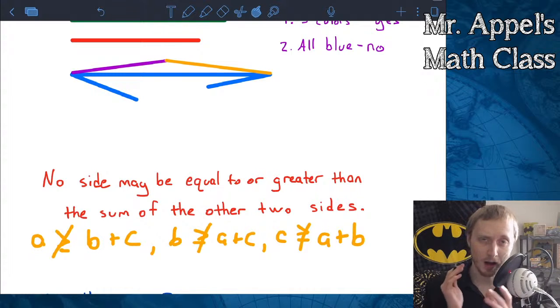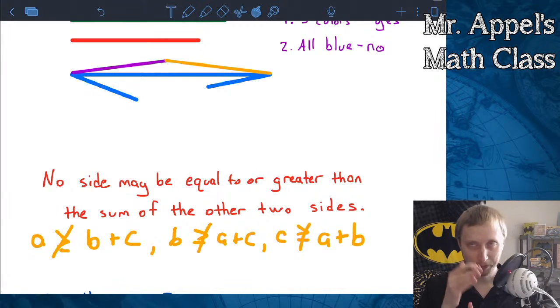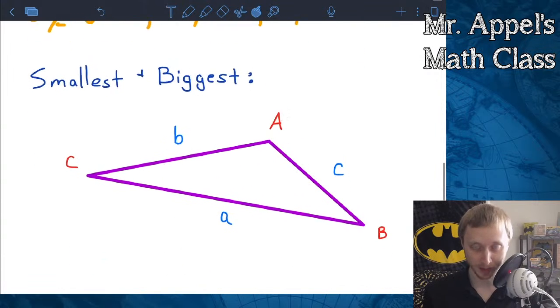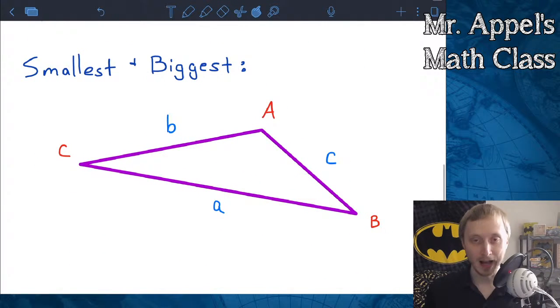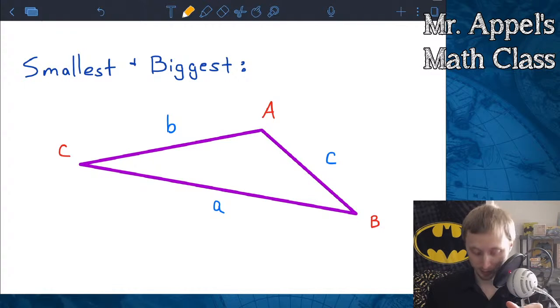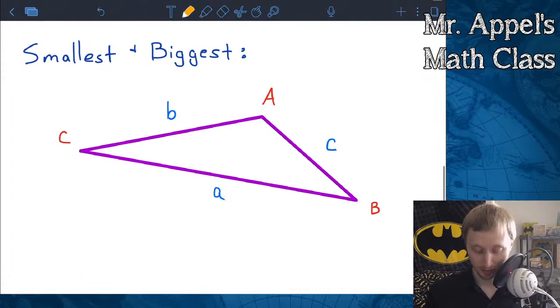Now, the other triangle inequality has to do with, within a given triangle as it exists, how would you compare the smallest and the biggest? And that's the unequal part. When we're setting, we would say, what's the largest to smallest angles and sides here?